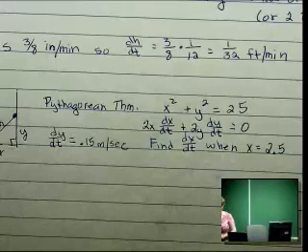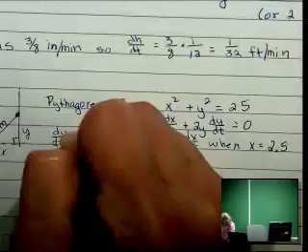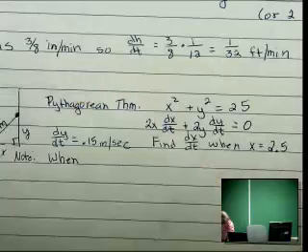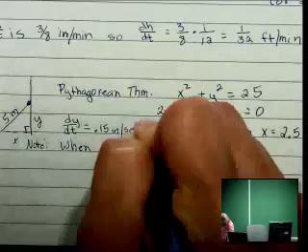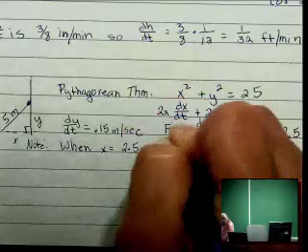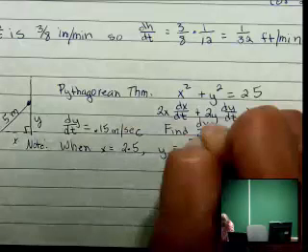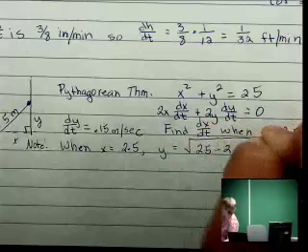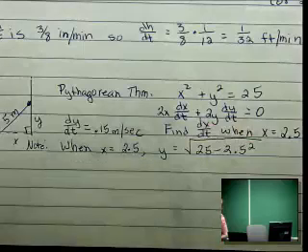This is just kind of a side note: when x equals 2.5, y equals the square root of 25 minus 2.5 squared. Y is the square root of the hypotenuse squared minus one of the legs squared.